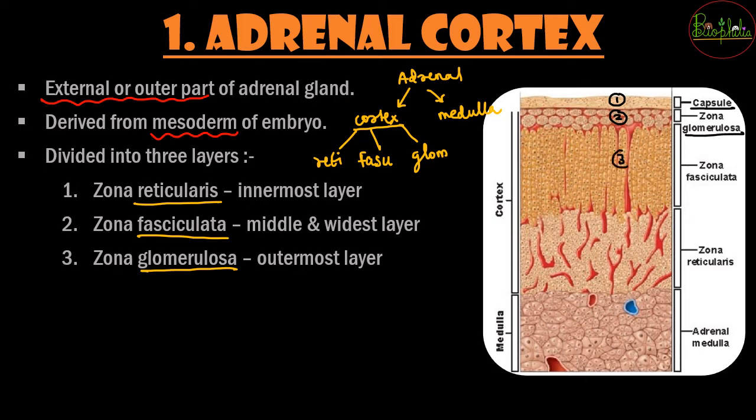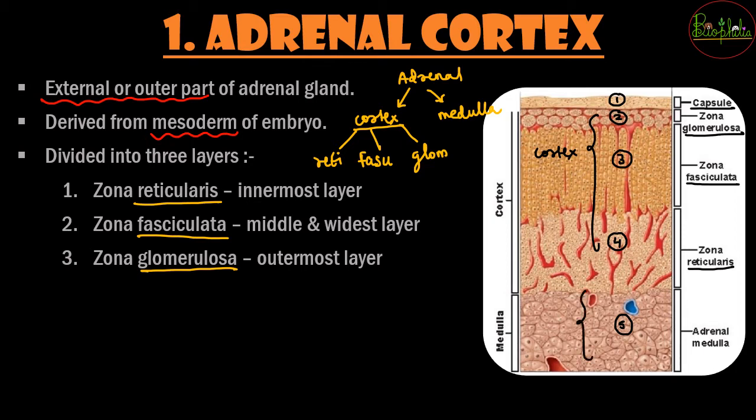The third one is going to be zona fasciculata, the middle one, and the fourth layer is going to be zona reticularis. So 2, 3 and 4 are going to together be called as cortex, and the last layer, the innermost layer, is going to be called as adrenal medulla.